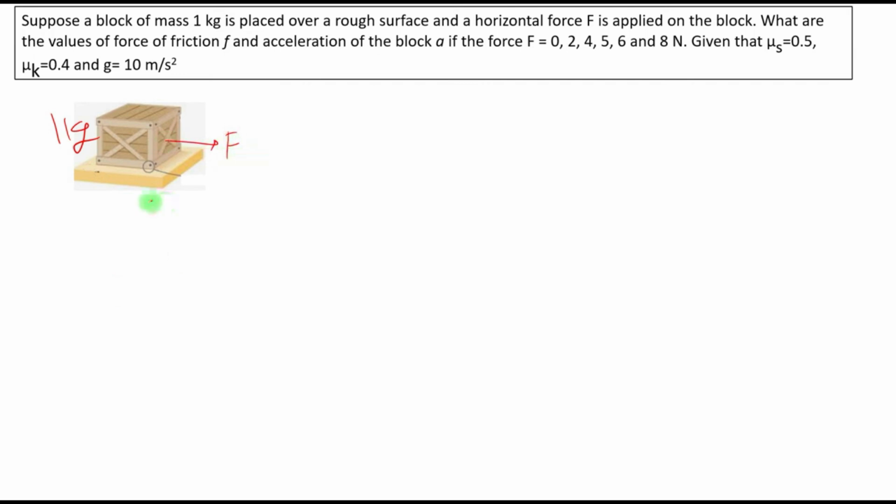We have to find out the values of the force of friction and the acceleration of the block if the force takes different values 0, 4, 5, 6 and 8 newtons, and the coefficient of static friction is given as 0.5 and 0.4 is the coefficient of kinetic friction. g we take as 10.